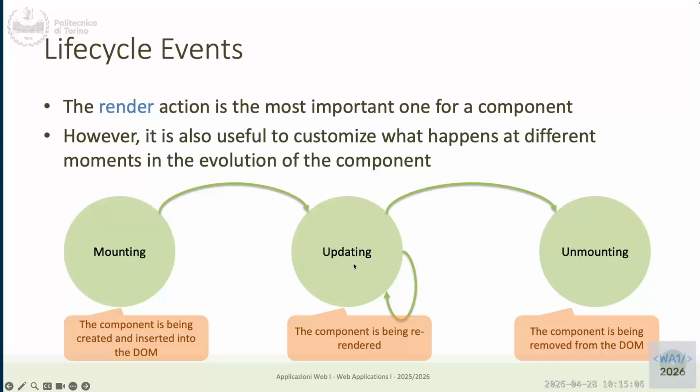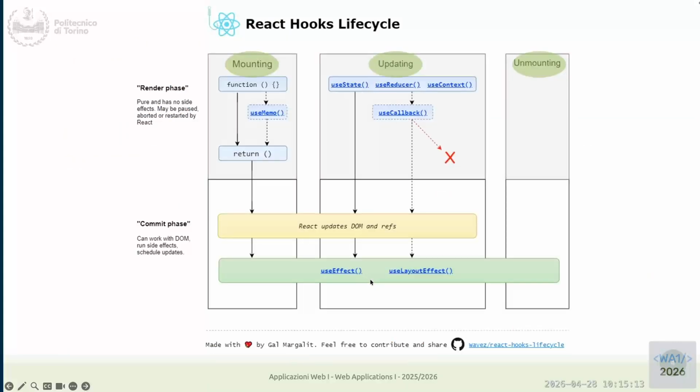Now, so there are these different time points, where the most important, of course, is the updating. If we break down what happens in these three lifetime moments, mounting, updating, and unmounting, the three columns, we see that every time a component is called, it goes through two different phases.